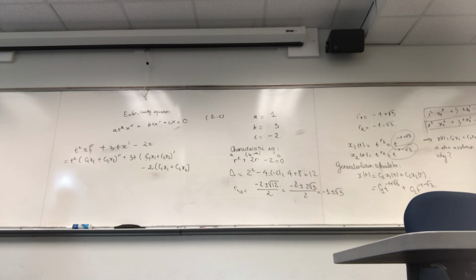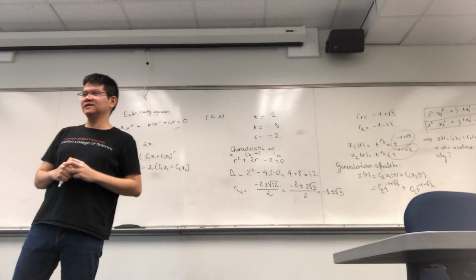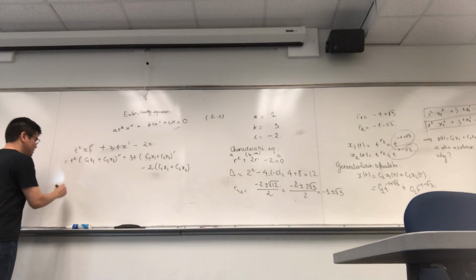Can someone explain it clearer to me? Yes? Expand t squared into each respective term, and then 3t, and then -2 in each component of each equation, and they combine together. Yes, can I say it back? So this is a brilliant idea.